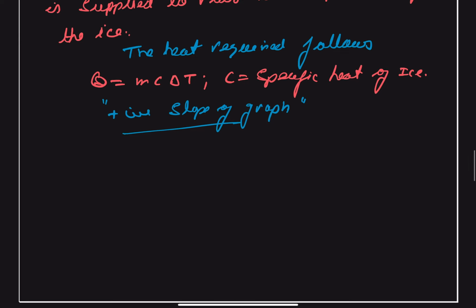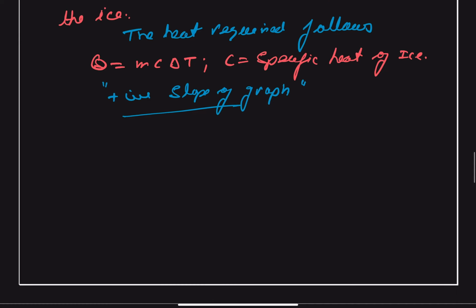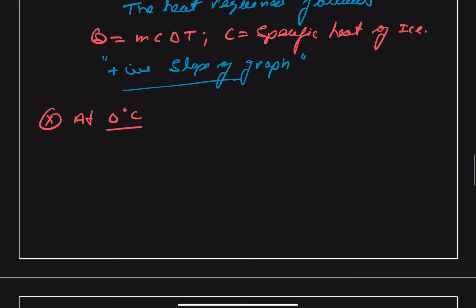Second point is at 0 degree centigrade. At 0 degree centigrade, the ice starts to melt into the water.